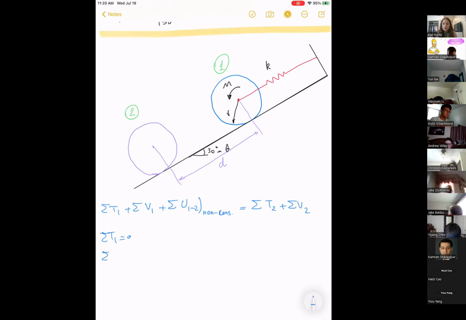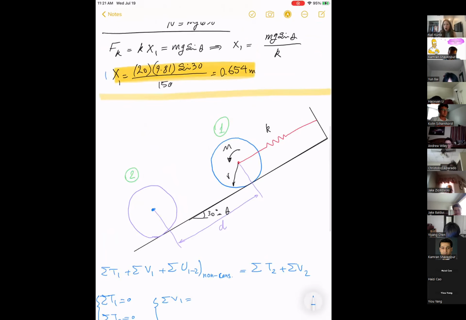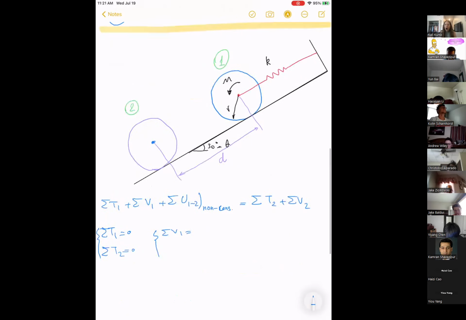So you get summation of T2 equals 0, right? For V1, we have 2 components. One is gravitational potential energy. One is spring potential energy. For the spring, we determined how much the original deformation is. So you're going to have half k x1 squared.